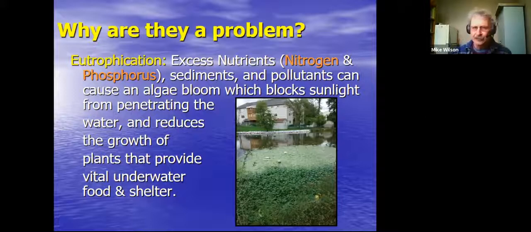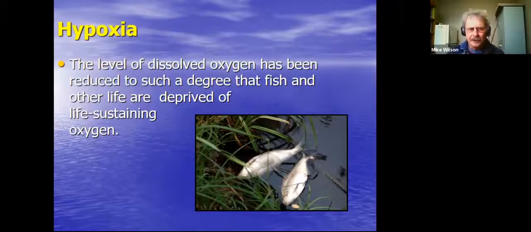That nitrogen and phosphorus really feeds the algae and makes the matter worse. It's a vicious cycle. Eventually you get to a level where the algae has eaten up all the oxygen that's in the water, and the level of dissolved oxygen has been reduced to such a degree that fish and other life are deprived of life-sustaining oxygen.